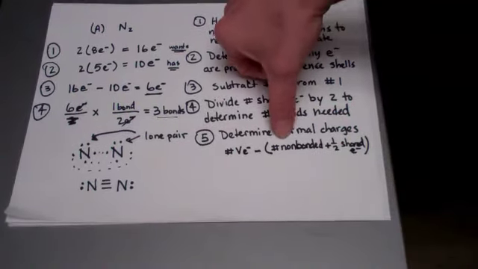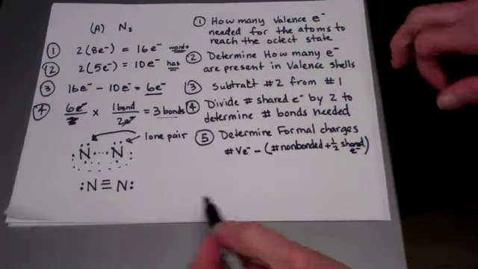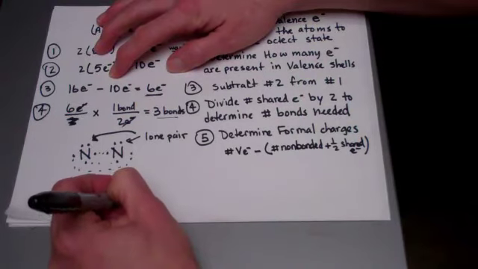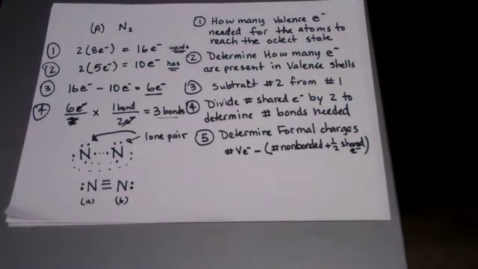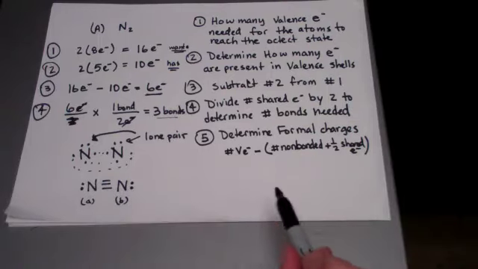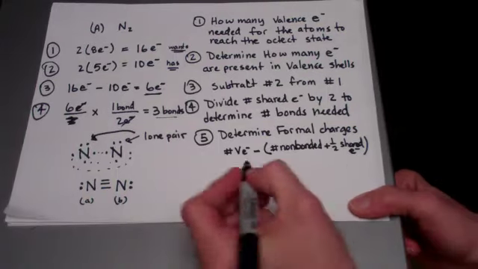You do this for each atom. If we call them nitrogen A and nitrogen B to tell them apart, we could calculate a formal charge for each. In this case they both look alike, so it's the same for A or B.